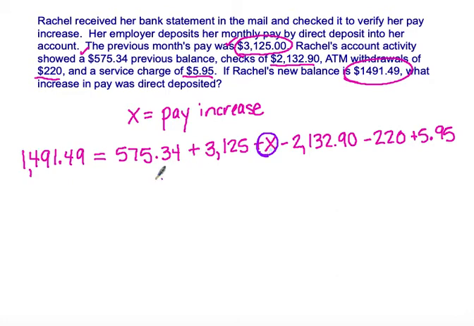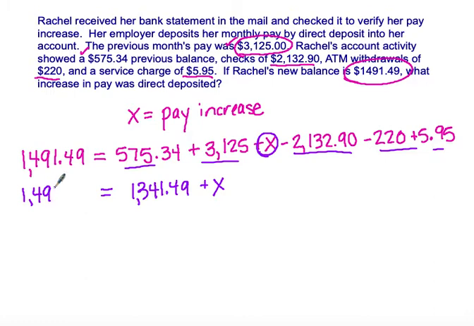Now I'm going to add and subtract these numbers, and that's going to give me a total of $1,341.49 plus the pay increase that she got from her employer. And now I have my equation ready to solve.